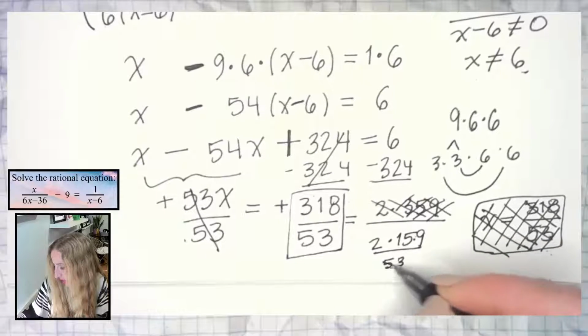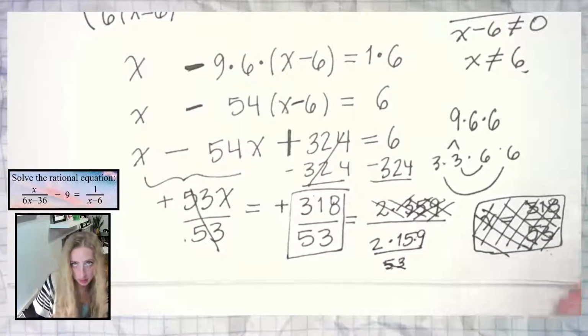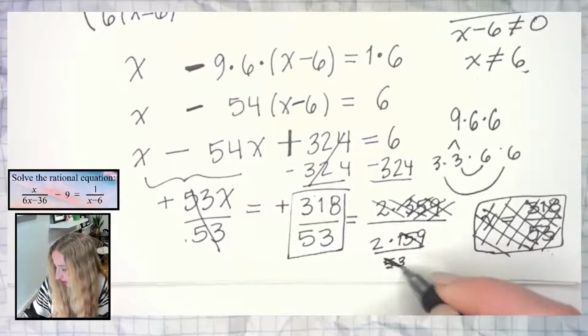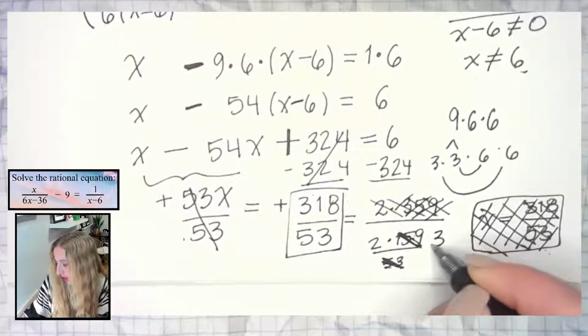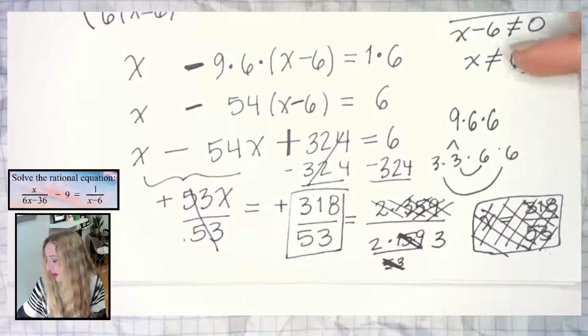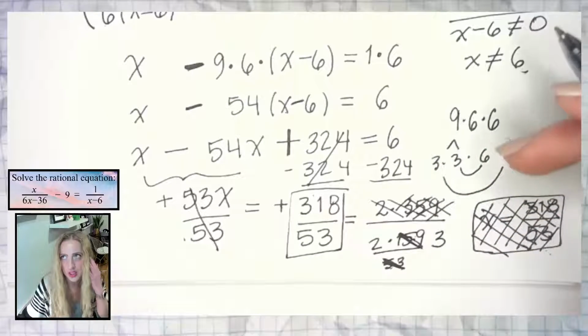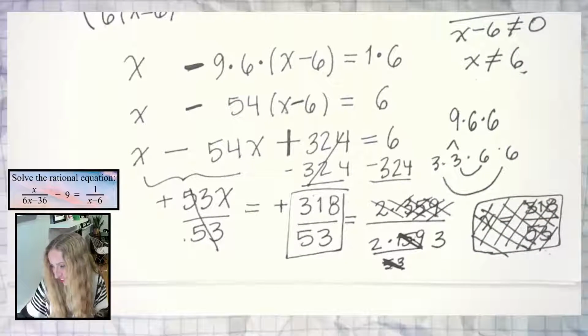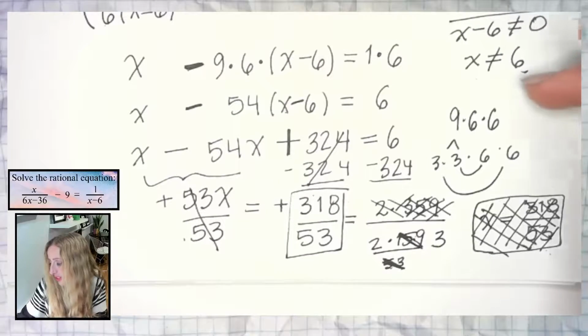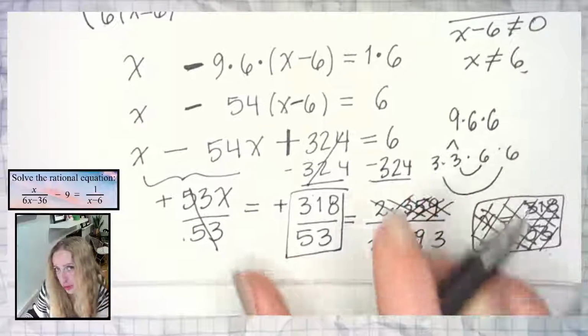So this 50 times 3 is 150. 3 times 3 is 9. So this reduces, right, to a 3. Oh my gosh, and 2 times 3 is 6. And I was just about to say, if I ever got weird numbers, I would look at my extraneous solution of 6 and see, would this number reduce down to 6?